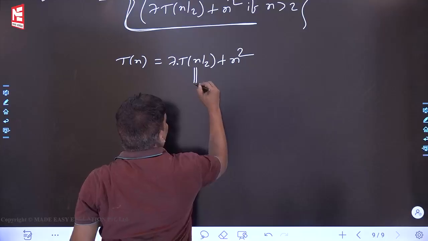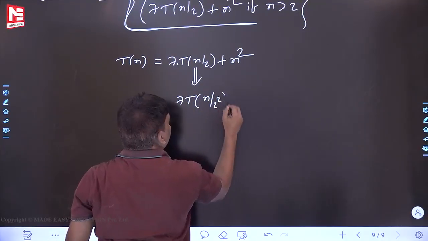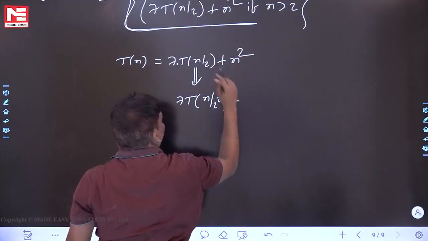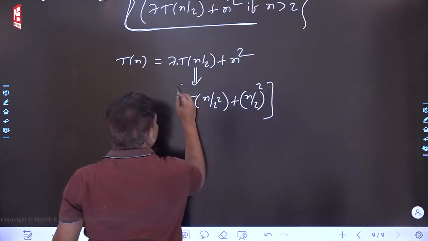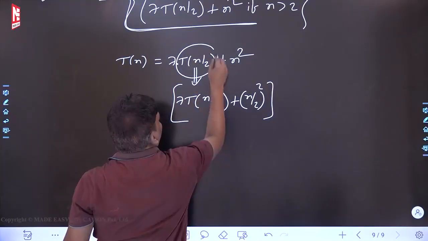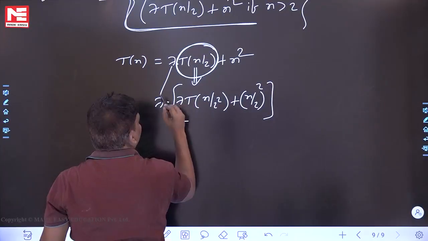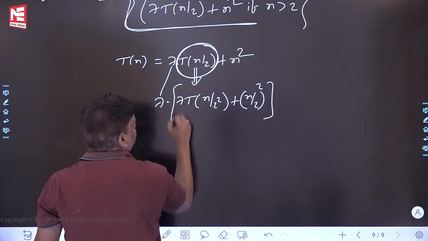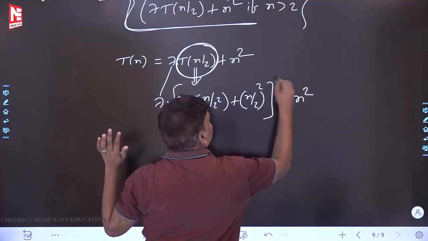What is T(n/2)? It is 7T(n/2), where n square becomes (n/2) whole square. The 7 outside, keep as it is. Please be careful with this bracket. If you don't keep the bracket, a wrong answer will come. Plus n square outside as it is.